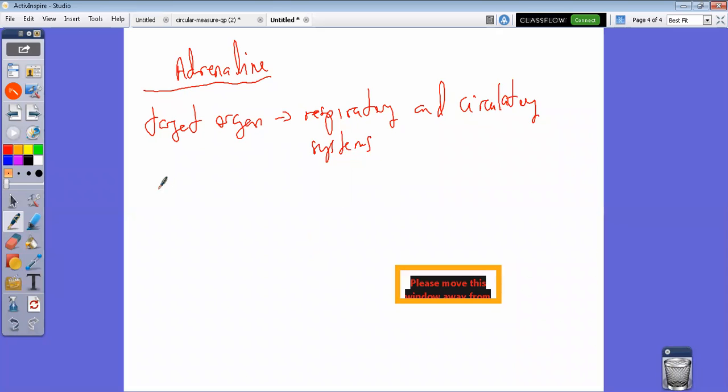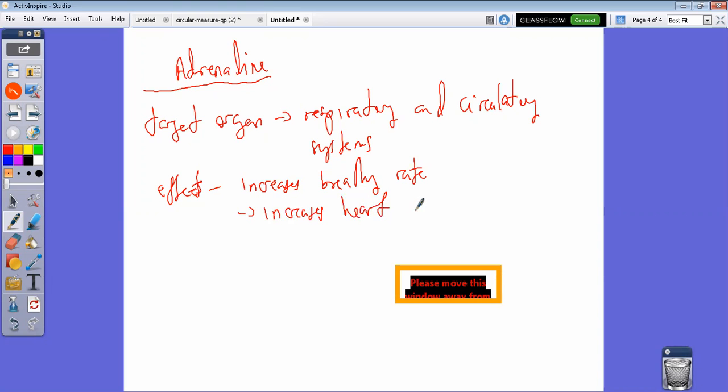And let's look at the effects, which are obvious. Most of you know them. They increase breathing rate and increase heart rate. Clear?